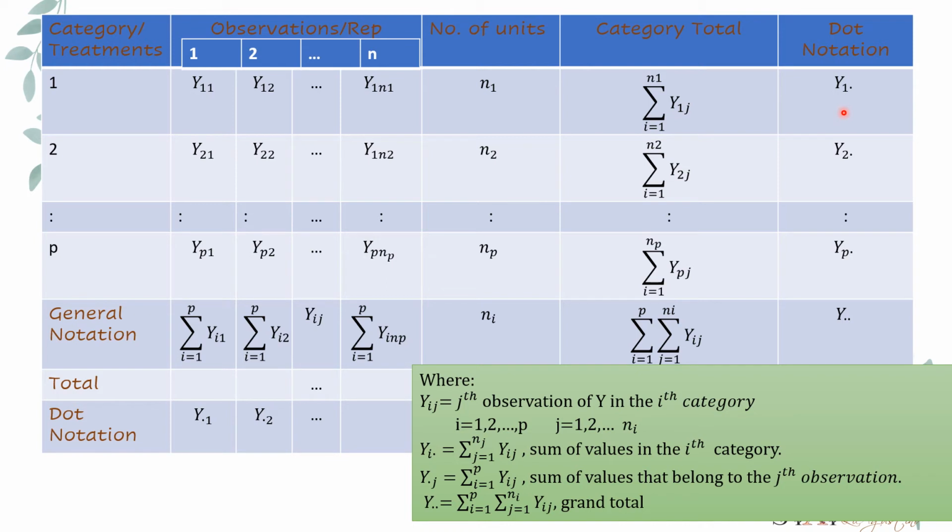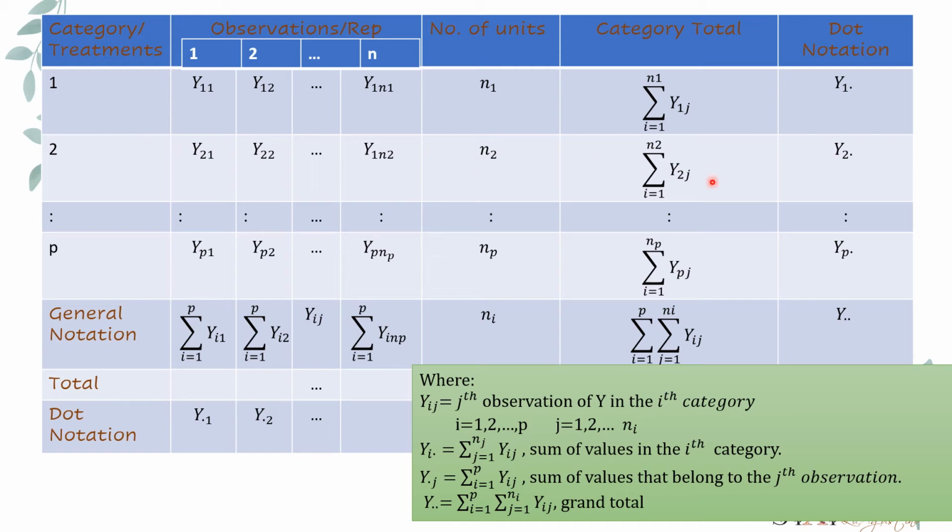As you can see, the 1 is constant or fixed, and j is the one that varies: 1, 2, 3, 4, until the number of units in the corresponding treatment or category.